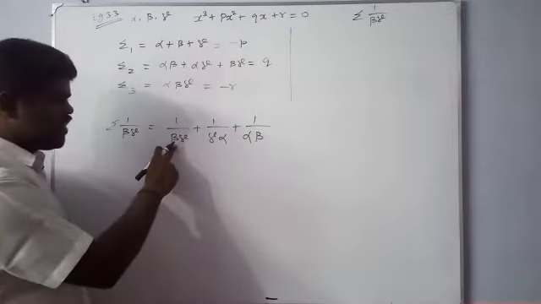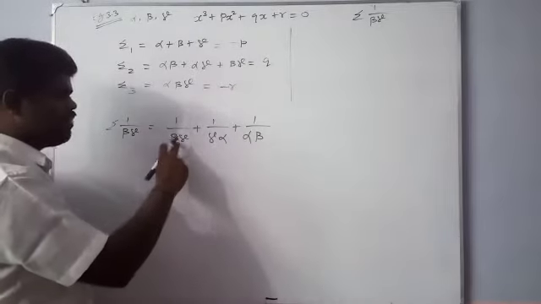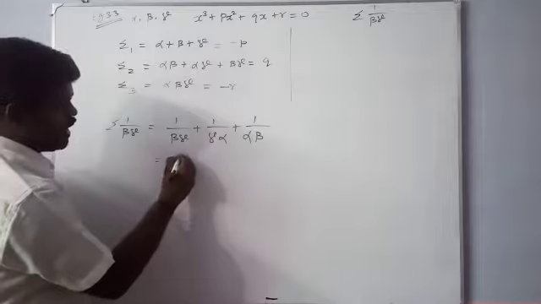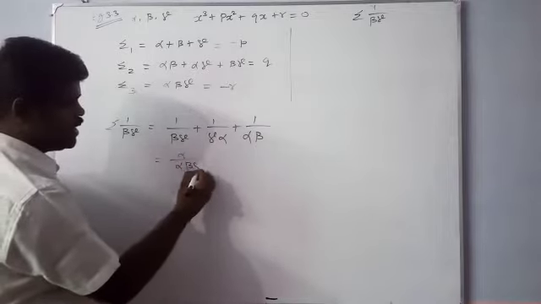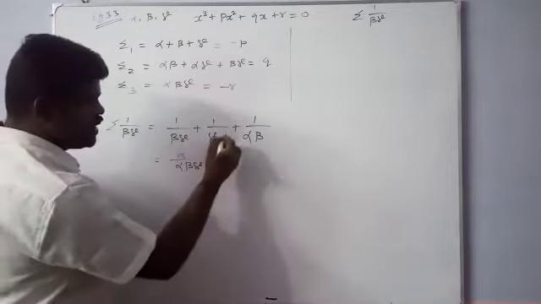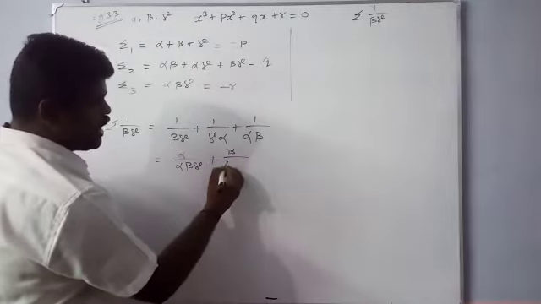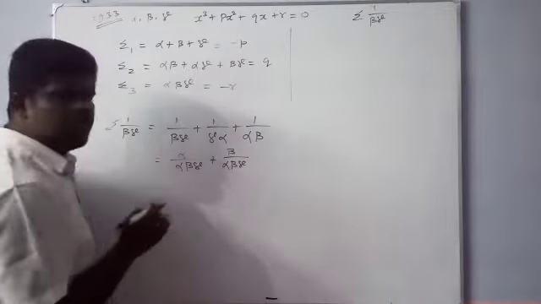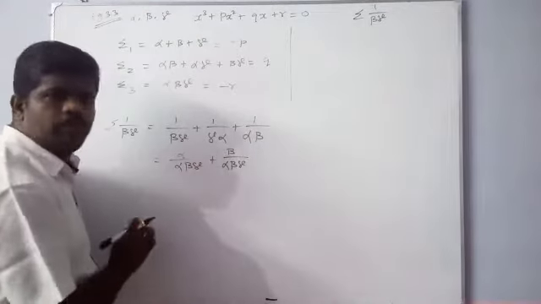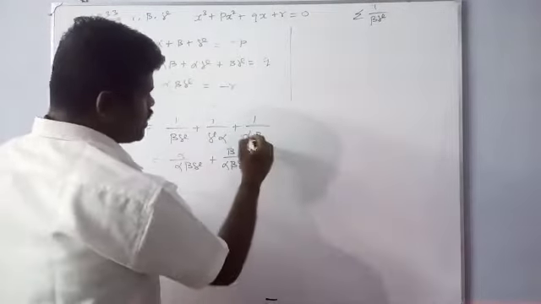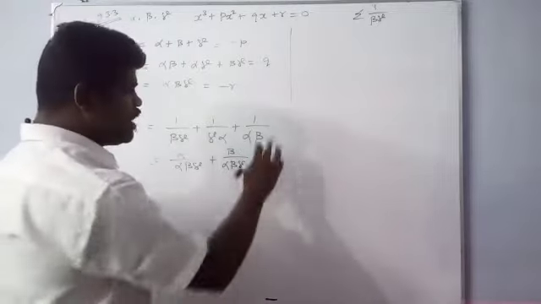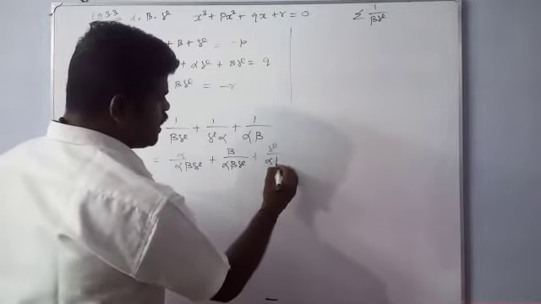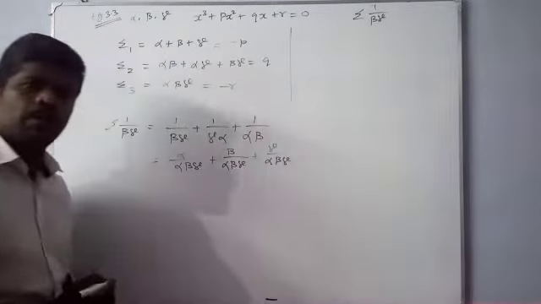There is no alpha here, so multiply alpha in the numerator and denominator: alpha by alpha beta gamma, plus here beta by alpha beta gamma. There is no beta, so we multiply numerator and denominator by beta. And plus here alpha beta is there, gamma is not there, so multiply gamma in the numerator and the denominator, alpha beta gamma.